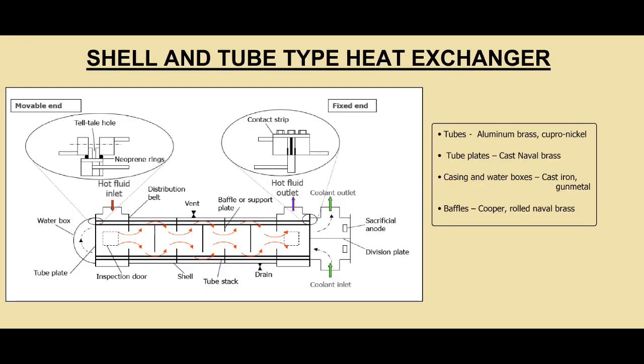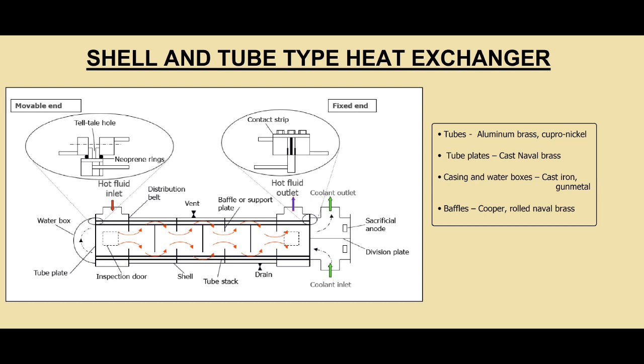Shell and tube type heat exchanger. The shell is usually made of grained cast iron, with surfaces machined as required. Gunmetal or fabricated steel may be used as alternatives depending upon requirements. End boxes with end access covers are of the same material as the shell.